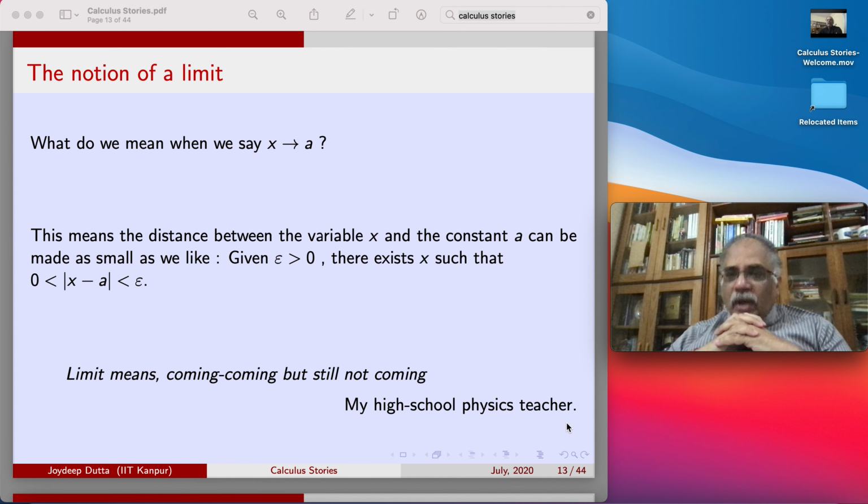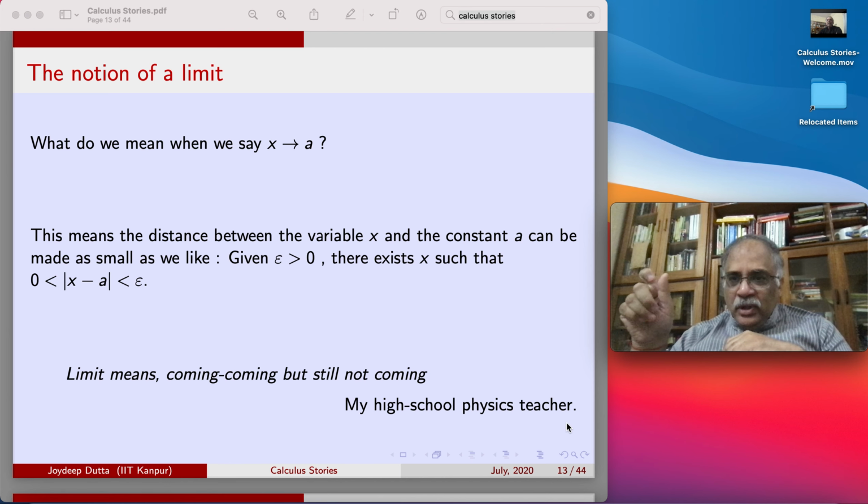So what essentially it means is that when I say x is approaching a, it means that I can always find an x very close to a. You give me a distance, say find an x at a distance of 0.00001 centimeters or millimeters, whatever, from a.